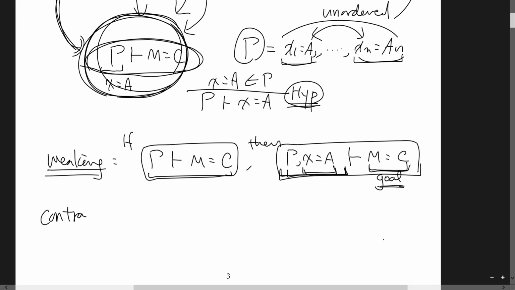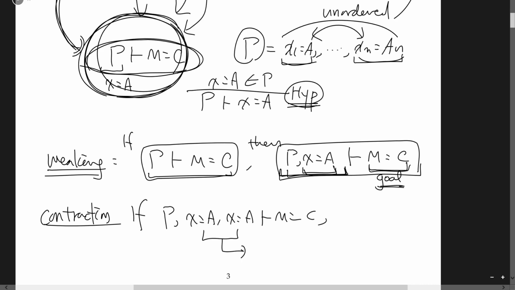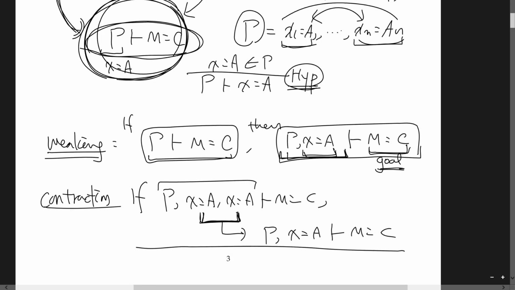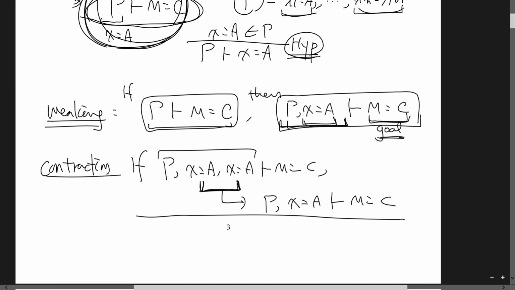Contraction: if you have two copies of the same type binding here, then you can contract them into a single instance. So then x : A turnstile M : C. So this is a contraction property. So remember that we assume exchange is built in, so the ordering of these type bindings doesn't matter. So the proof is straightforward.